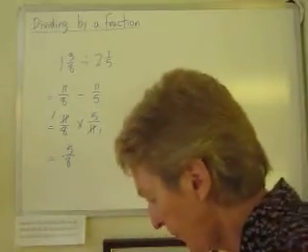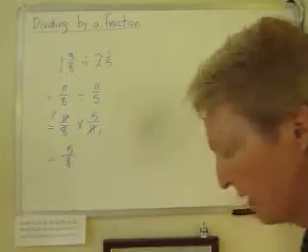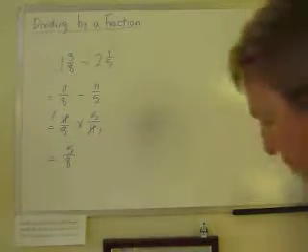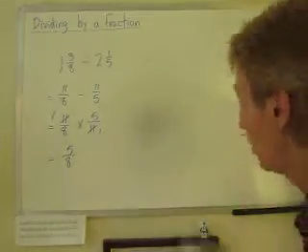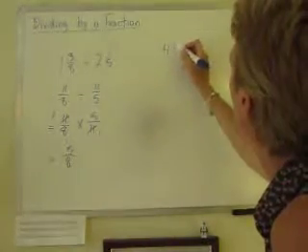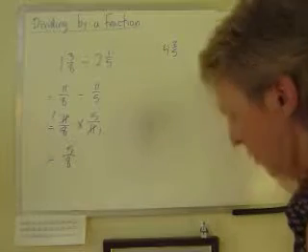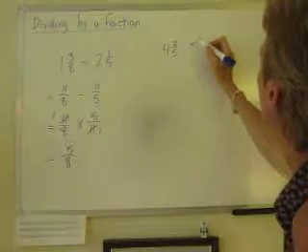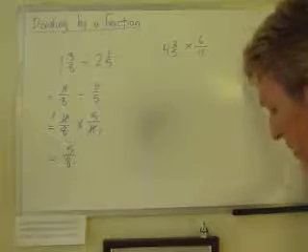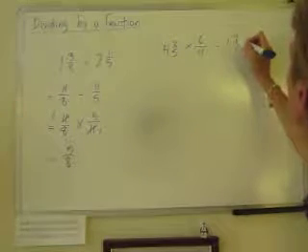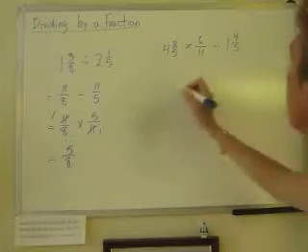Okay. Now, last example is just going to have a bunch of numbers together. Let's do 4 2/5 times 6 over 11 divided by 1 4/5.